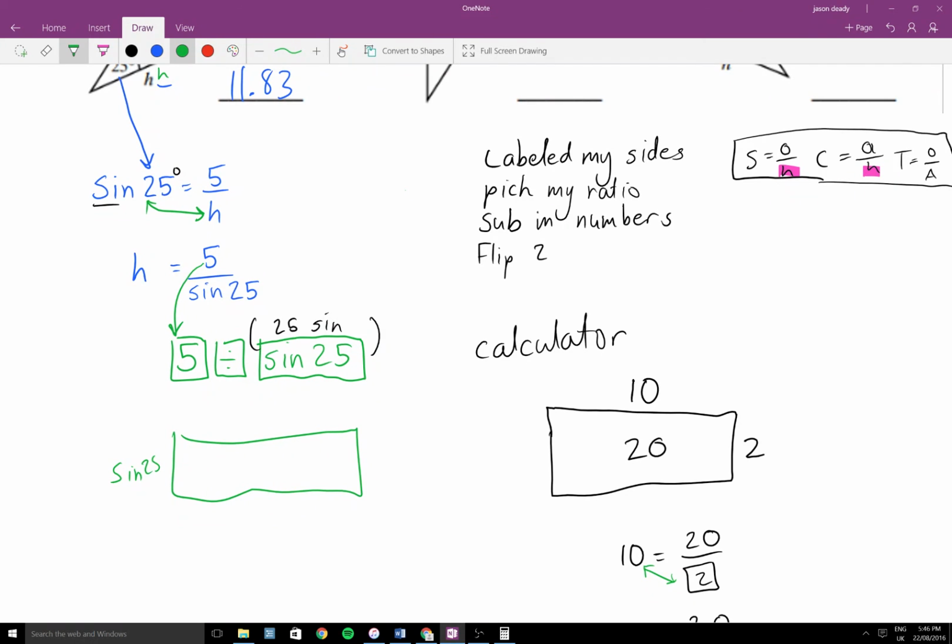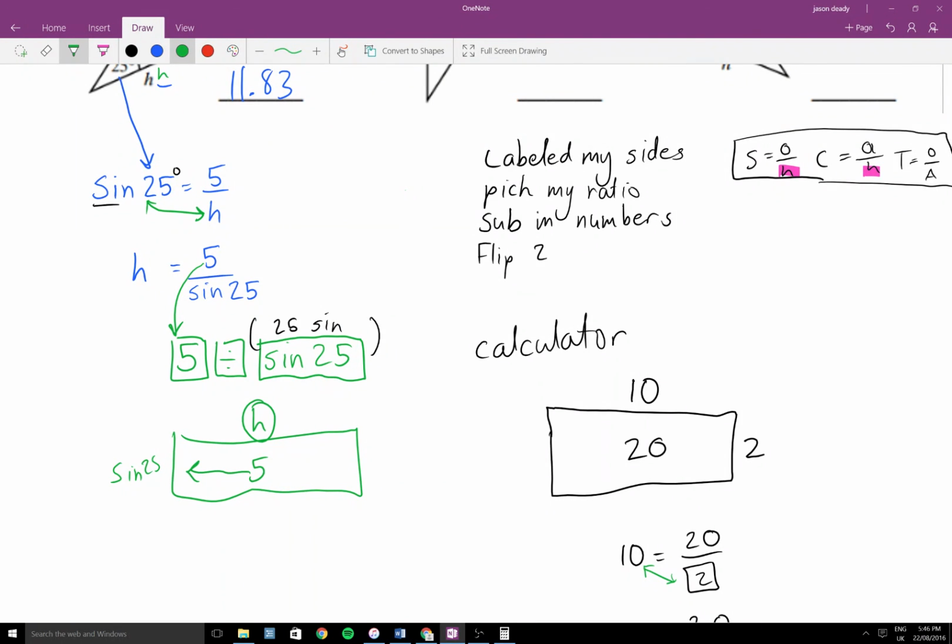Then it would be my h on the other, and I know it's got an area of 5. Okay, so if I want to find out what the h is, I could just divide it by the sine 25. Okay, that was a long explanation that went through a little bit of number theory, which I find really interesting. Okay, but if you don't find that interesting, that is more than cool.